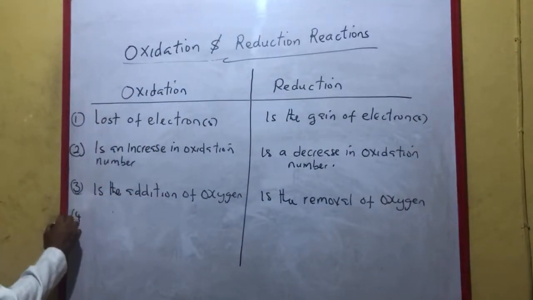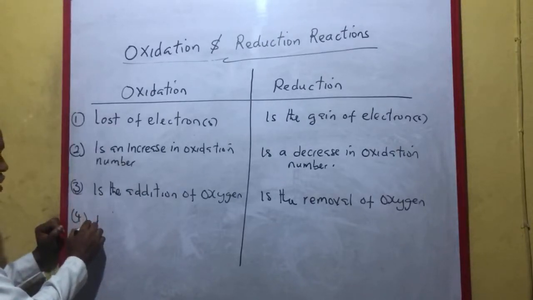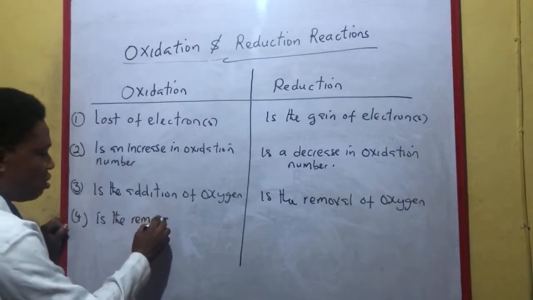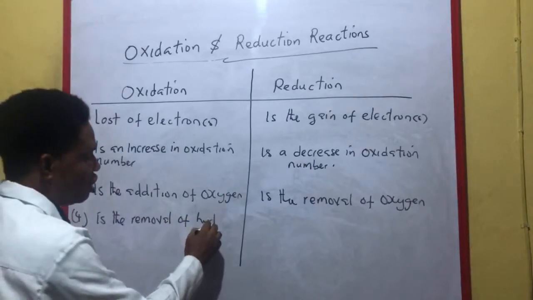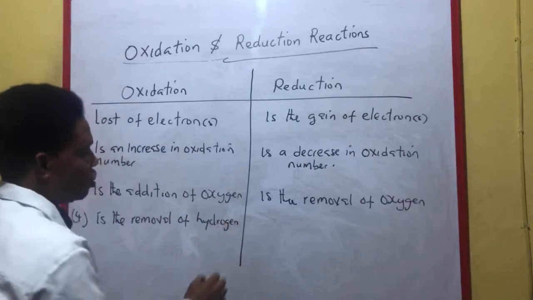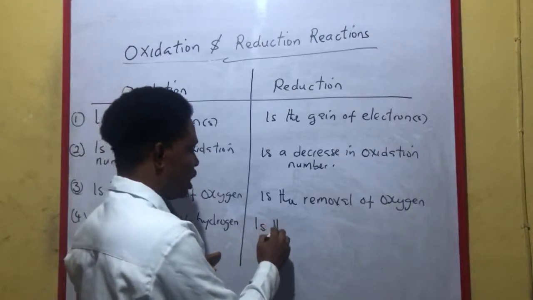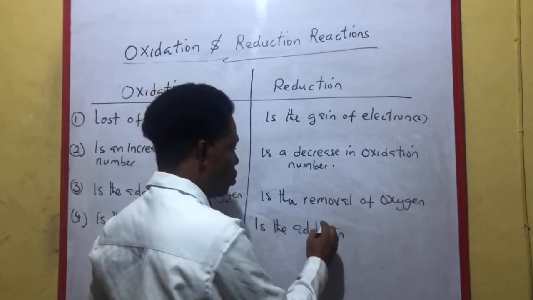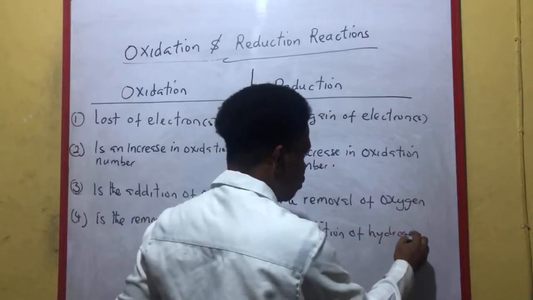Then number four, I can say oxidation is the removal of hydrogen, while reduction is the addition of hydrogen.